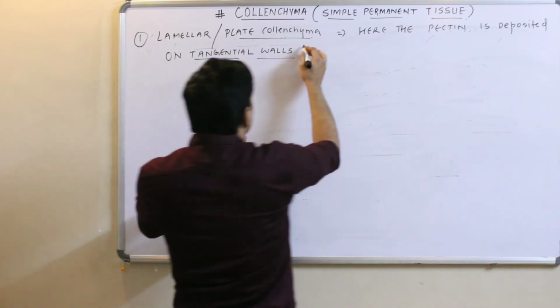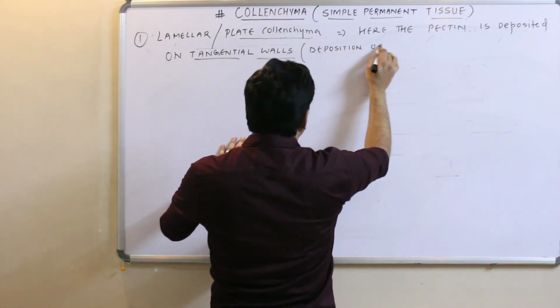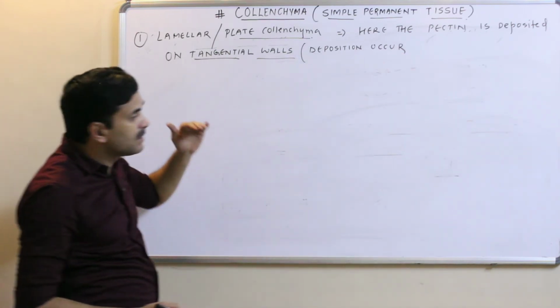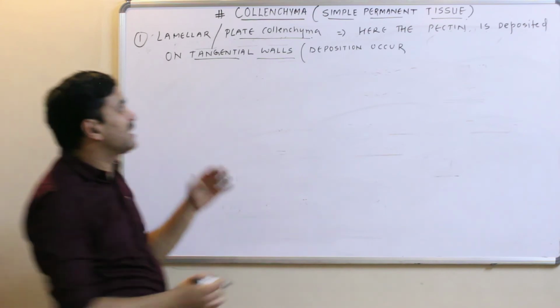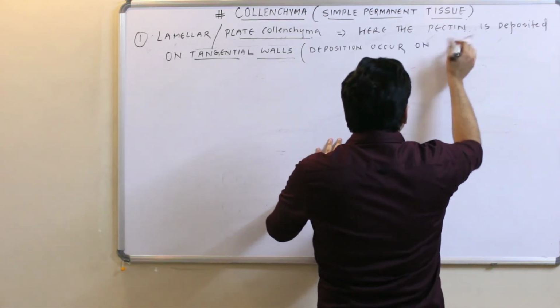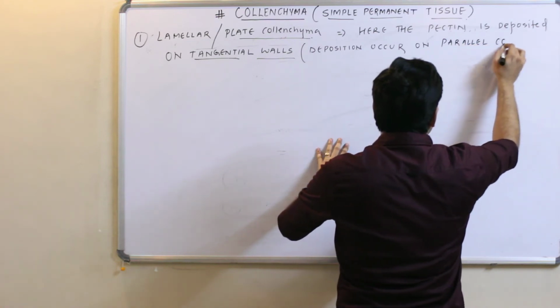What do you mean by tangential wall? Deposition occurs on the parallel cell surfaces.